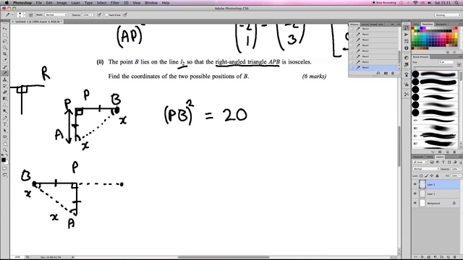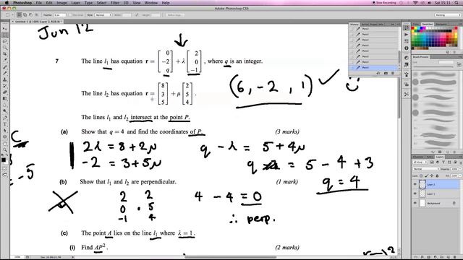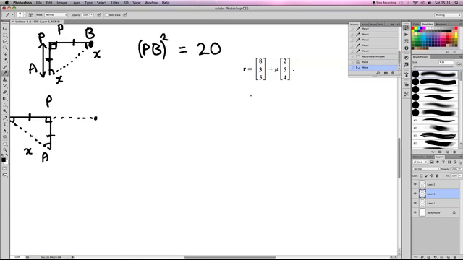All we need to do is just find out what B is. B is on the line L2, so if we go back to this equation here, let me just copy and paste that. So if we copy and paste that somewhere, there it is. What I'm going to do to find B is just squish it together.